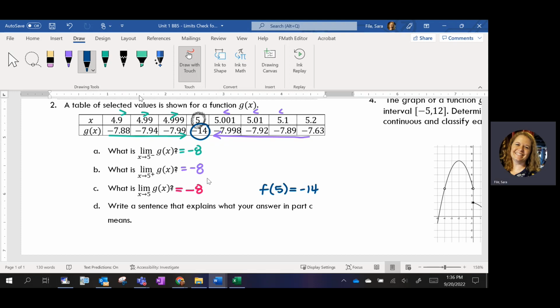So let's try and picture this. Okay, so from the left and from the right, I don't know where we are on the axis, but let's say this is the y. Okay, so this is -8 and this is -14. So as my graph approaches this number from the left, and this, I can tell you exactly where this is, where x value is at 5.